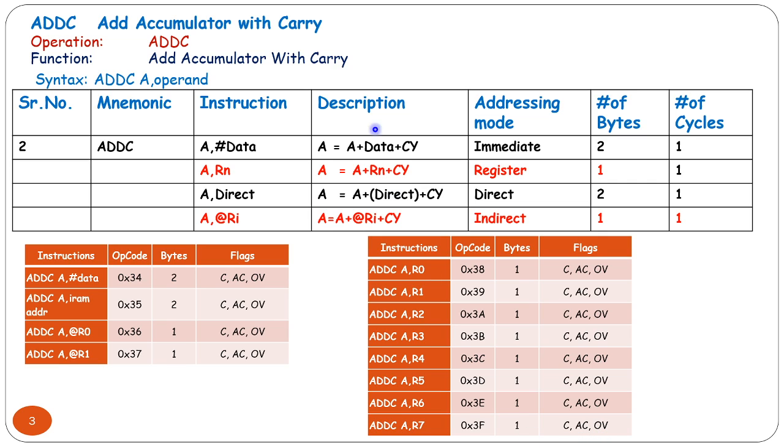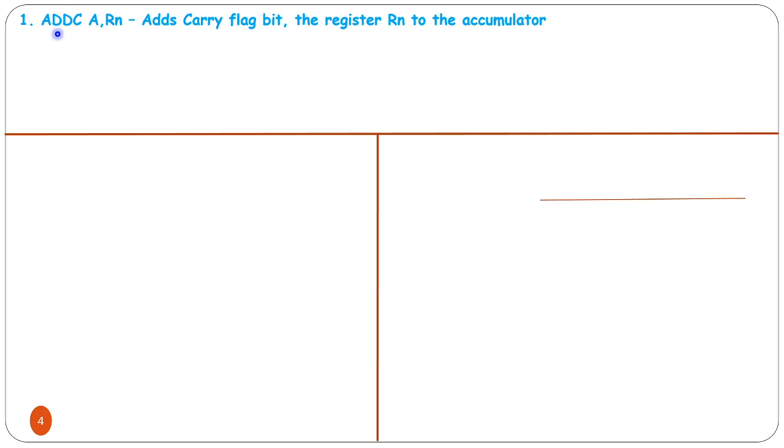Now let us see each instruction one by one in detail. The first instruction is add with carry, ADDC A, Rn. It adds the carry flag bit and the register Rn to the accumulator.